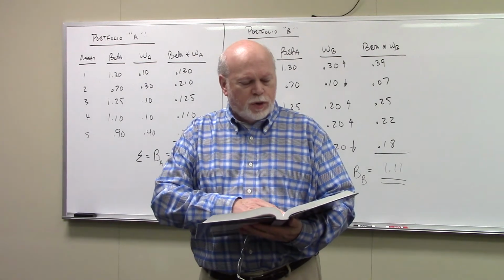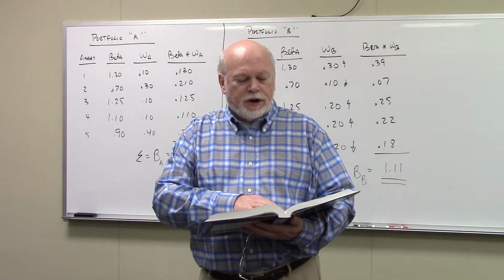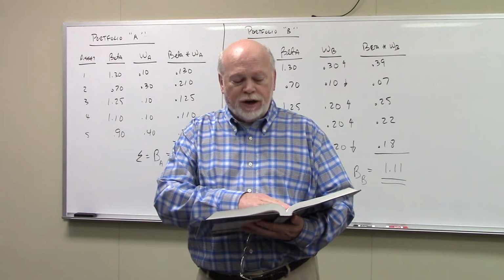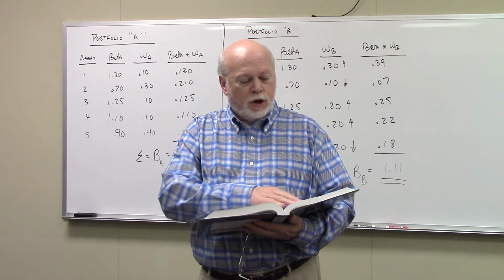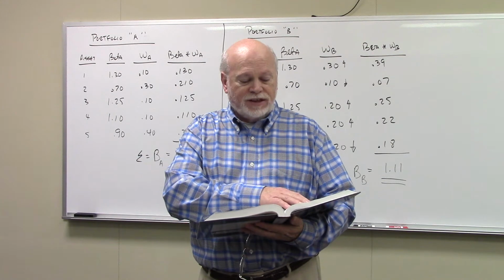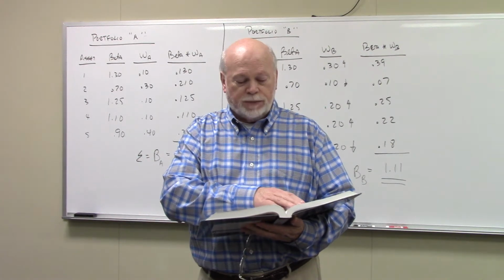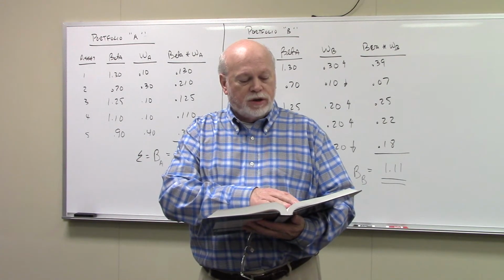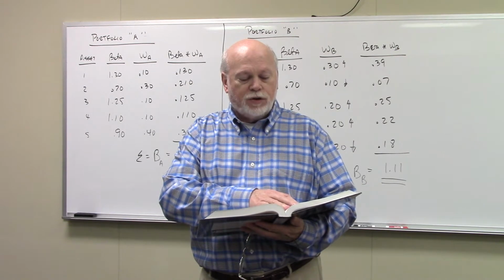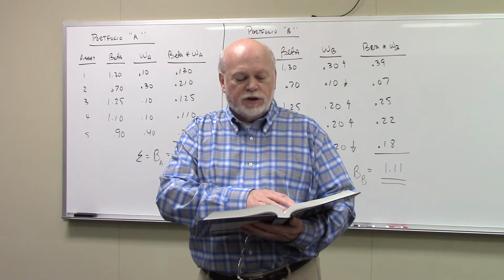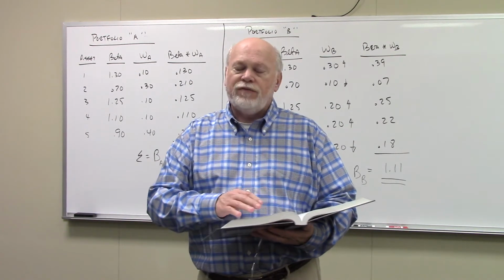Now this particular problem reads, Rose Berry is attempting to evaluate two possible portfolios which consist of the same 5 assets held in different proportions. She is particularly interested in using beta to compare the risk of the portfolios, so she has gathered the data shown in the following table.